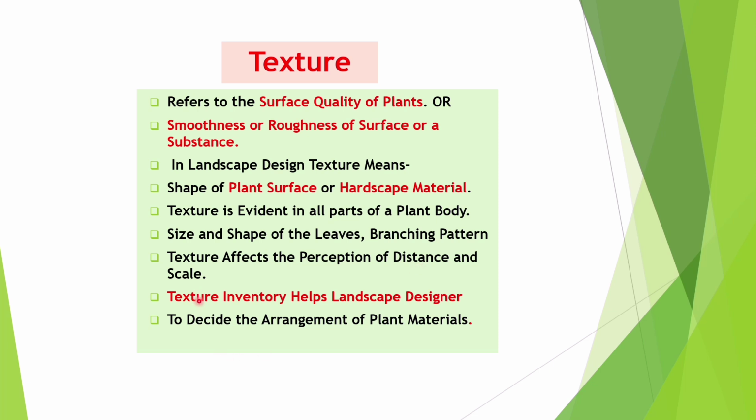See, a texture inventory is made when you are designing a garden. That texture inventory for the plants as well as for the hardscape helps the landscape designer to decide the arrangement of the plant material, because ordering of the plant material in the garden is a very important aspect of landscape designing.